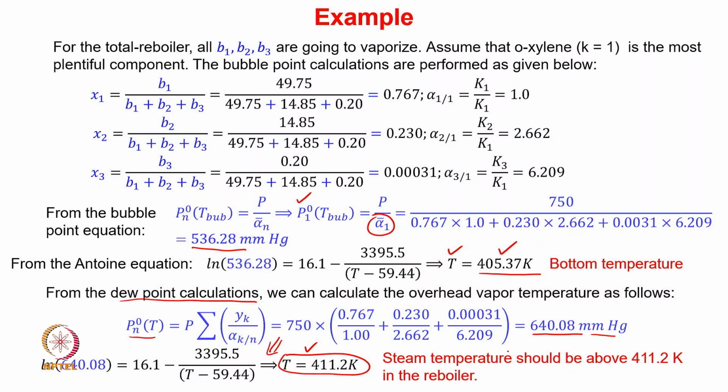And finally the steam temperature should be greater than this. In order to have satisfactory operation here, we need to have a steam with a temperature greater than 411.2 Kelvin.